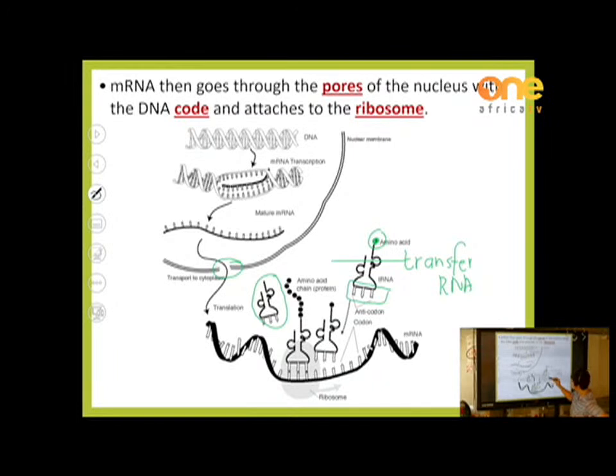These 3 bases are called the anticodon. This anticodon inside the ribosome will fit a specific sequence of 3 bases on the mRNA, and that we call a codon.